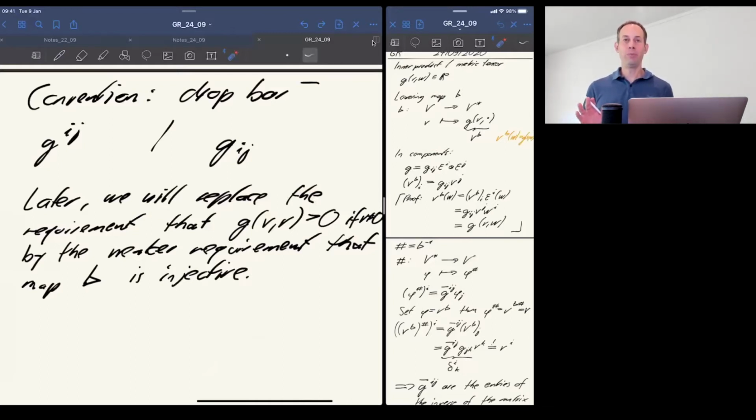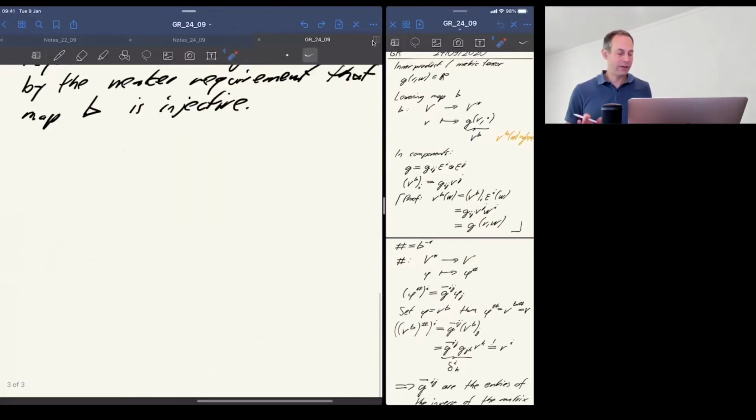We should allow it to be negative, but let's for the moment leave that topic unless there are questions, because I would like to start very soon now with the actual differential geometry part. And then, as I said, come back to the metric for a moment. Are there questions up to this point? Okay, this doesn't seem to be the case.